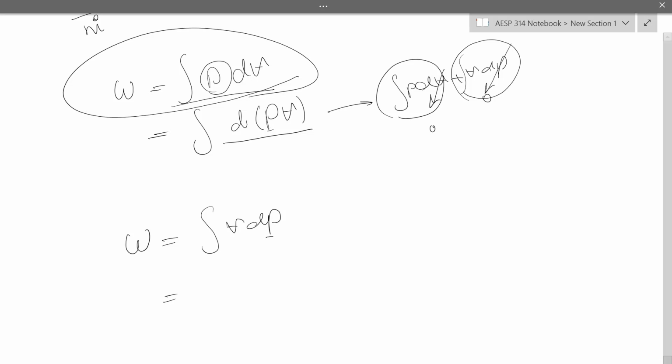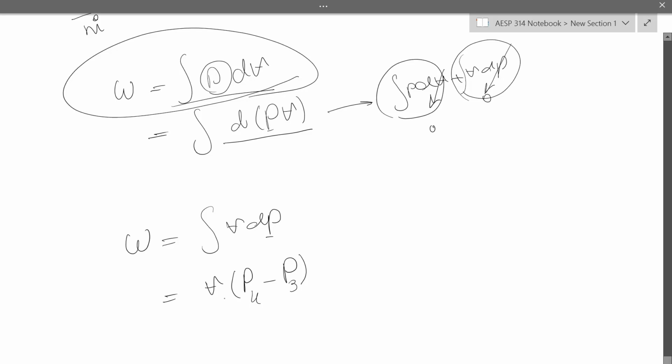We are going to make a very simple assumption, that the changes in pressure are linear. What does this mean for the integral? Constant. The derivative changes to delta, so the integral is essentially V delta P, the change in pressure, P4 minus P3.